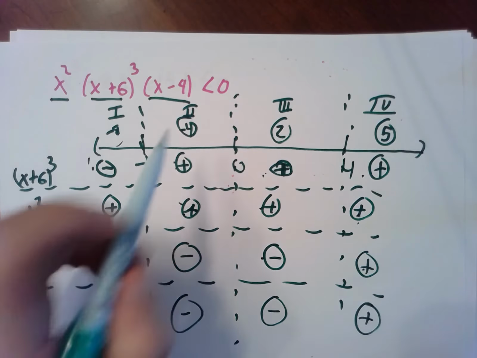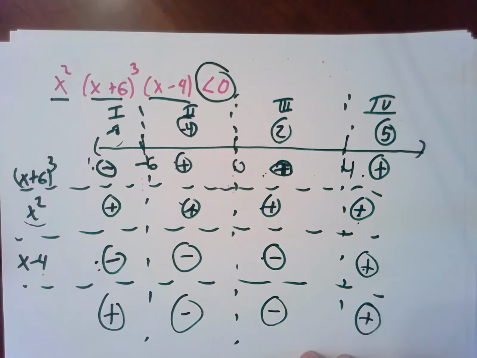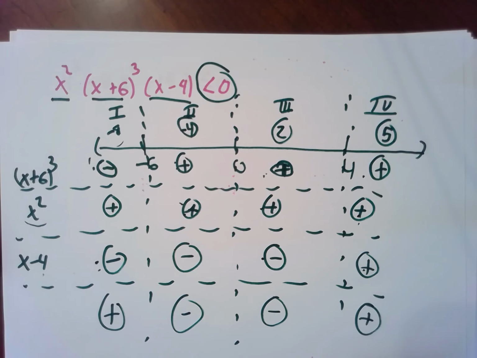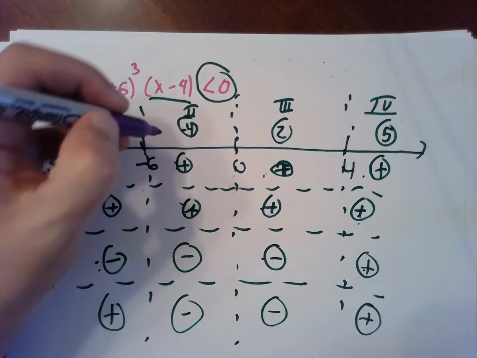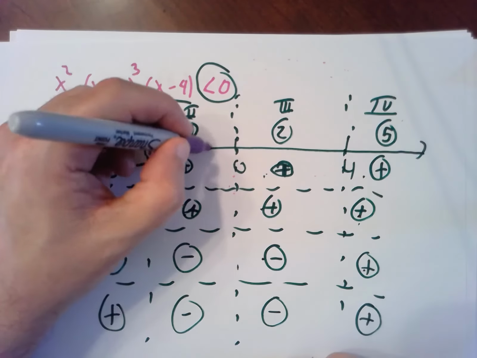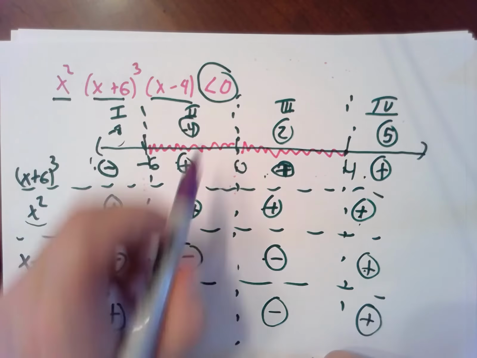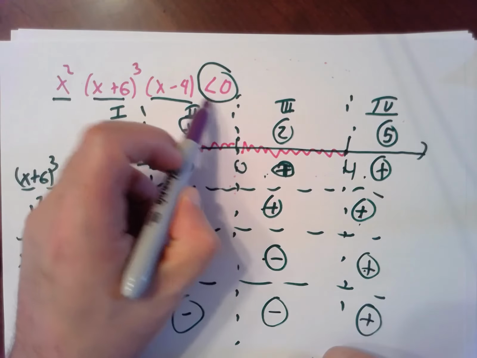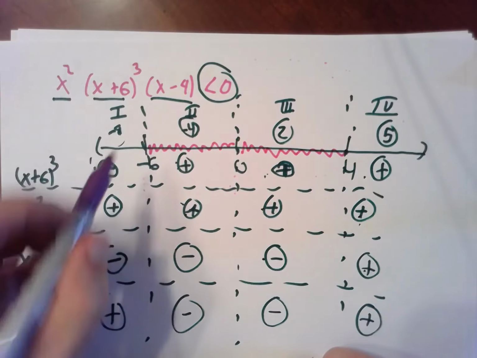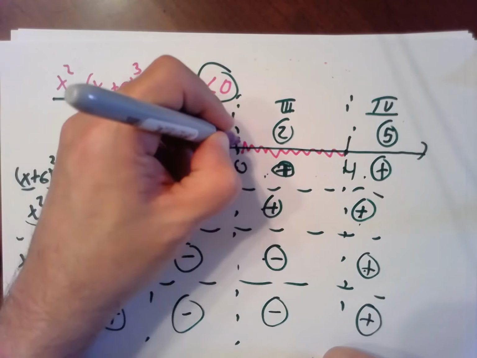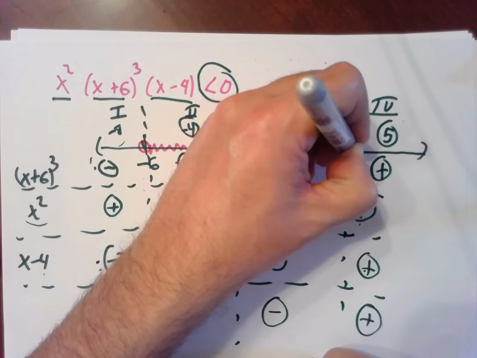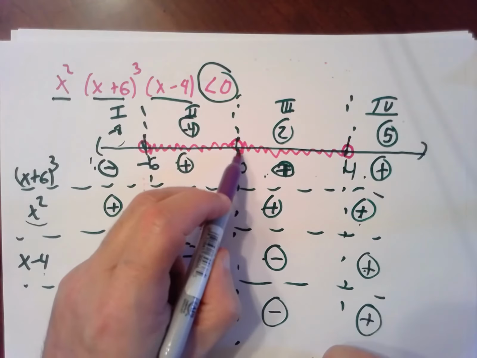Okay, now what did I want? I want negative. Strictly negative. We've got to be really careful here. So that's all this stuff. This was all negative, and this was all negative. There's no less than or equal to here, so none of my endpoints get included. Even the 0 is not included.